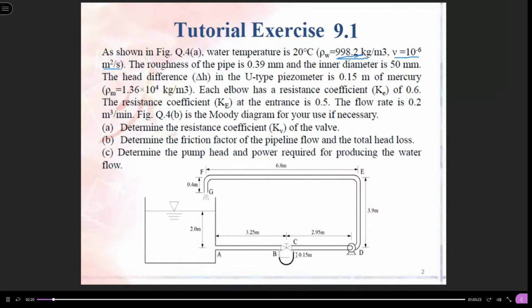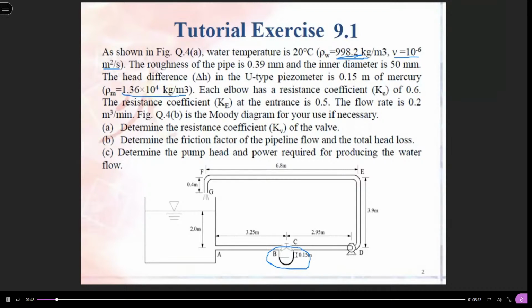The roughness of the pipe is 0.39 millimeters and the inner diameter is 50 millimeters. The head difference in the U-type piezometer is 0.15 meter of mercury, and the density of mercury is this value.